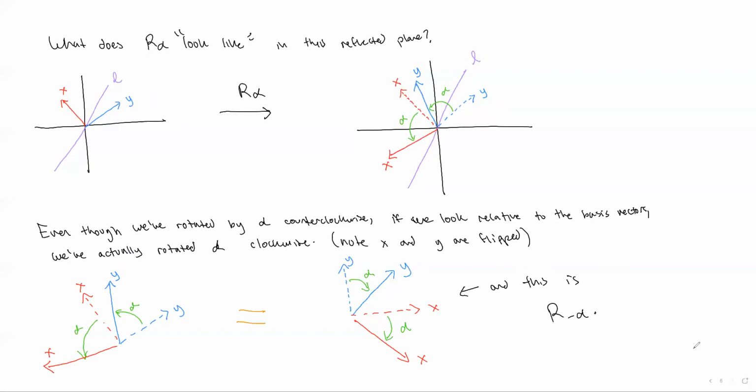And this is it. The idea is when I say, what does R alpha become when I conjugate it by FL? What I'm saying is, if you apply FL and look at this reflected plane, and then you apply R alpha, what is the actual change that occurs from the perspective of the basis vectors? Even though what I'm doing to the plane overall is just R alpha, right now, yes, I've rotated by alpha counterclockwise, but since the initial reflection switched the basis vectors around, look here, X and Y are not in the right order.